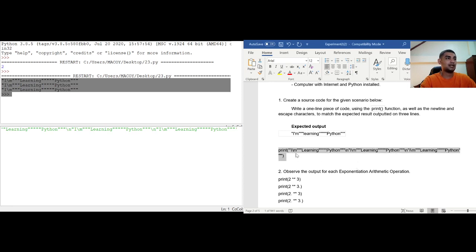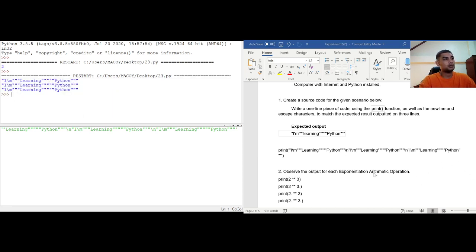What I did here is I used the single quote in I'm, then a backslash in the M, then in the last part of the quote I put backslash n, then repeated it 3 times. So here is our product.